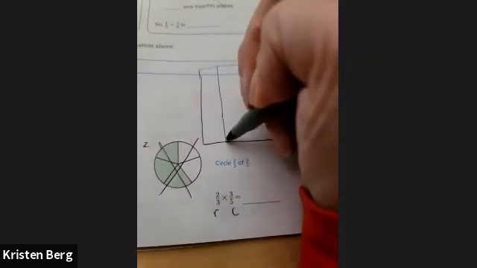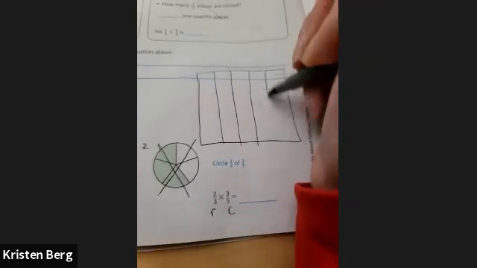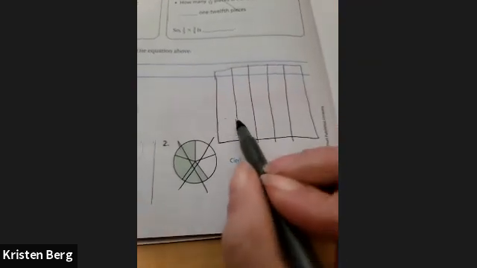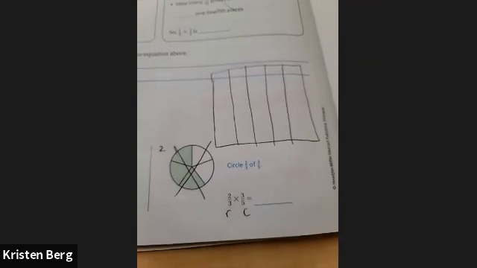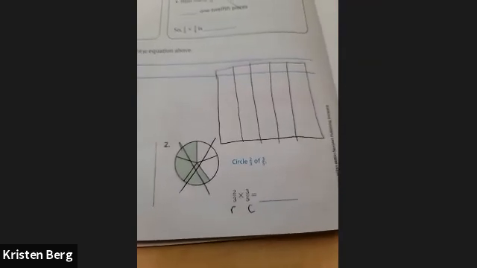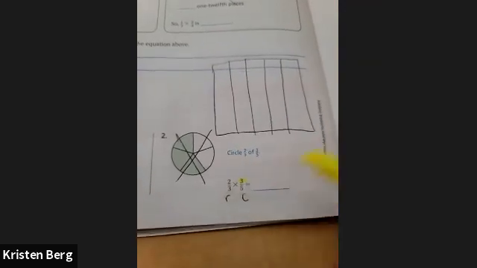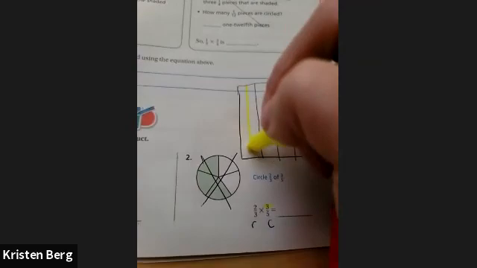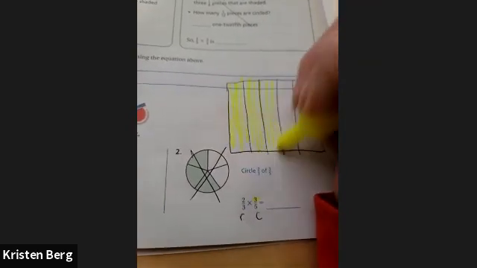That means 4 lines. 1, 2, 3, and 4. So that would be 1, 2, 3, 4, 5 columns. How many are shaded? There are 3 of them that should be shaded. 1, 2, and 3.